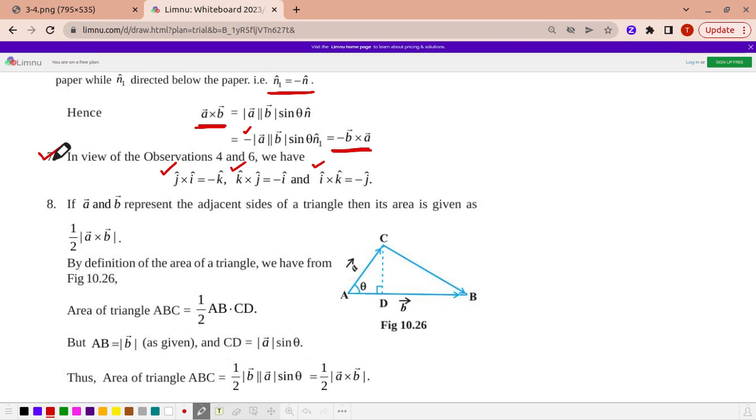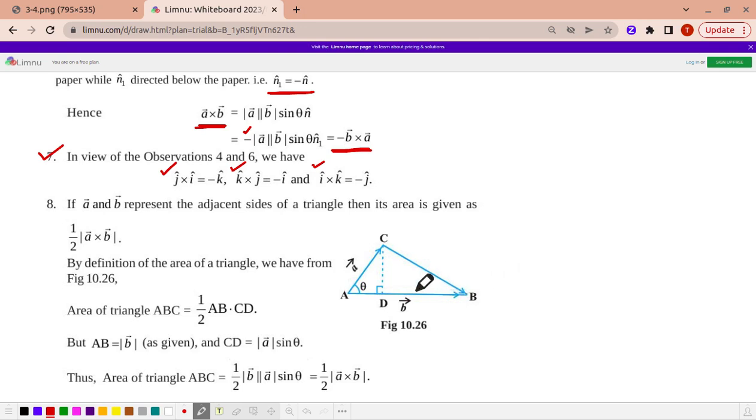Now, the next 2 observations are important. They are related to finding the area of a triangle and the area of a parallelogram. Let us consider that A and B represent the adjacent sides of a triangle.